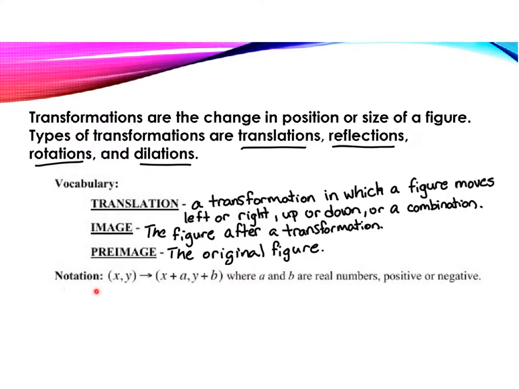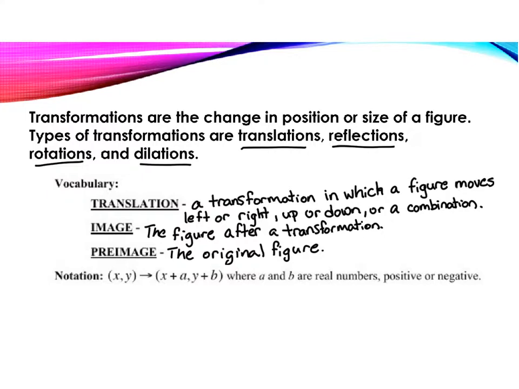This right here, this notation, we're going to be using for our rules of our translations. This is a translation rule right here. The way you can tell this is a translation is because you're either going to be adding or subtracting a value to your x and adding or subtracting a value to your y.